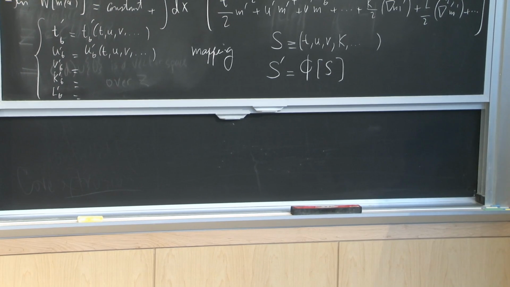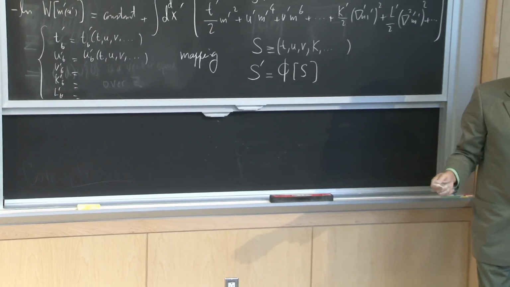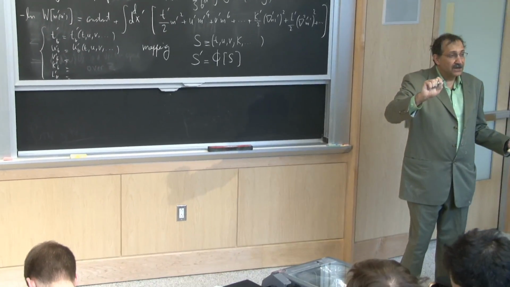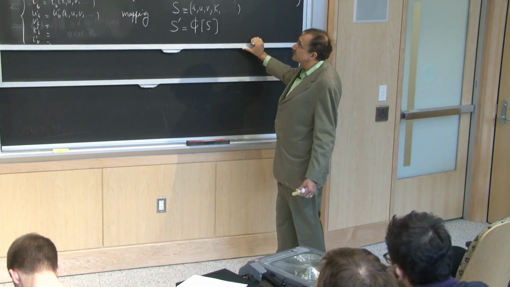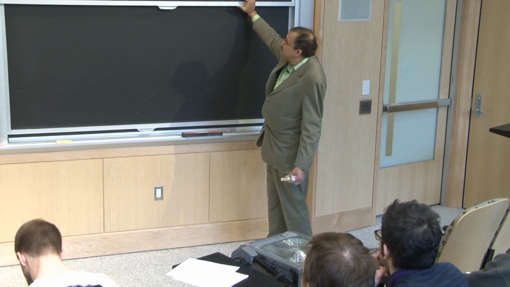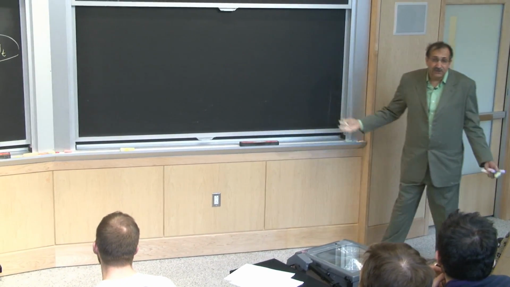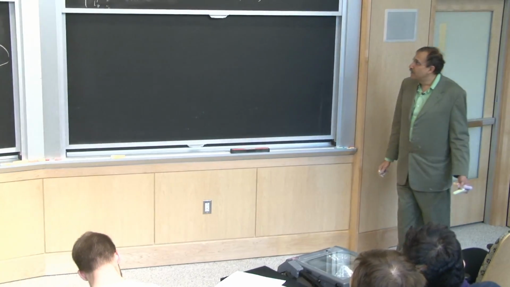Okay? So this is a huge dimensional space. Any point that you start under the transformation will go to another point. But the key is that we wrote the most general form that we could, so we had to stay within this space. Okay? All right.